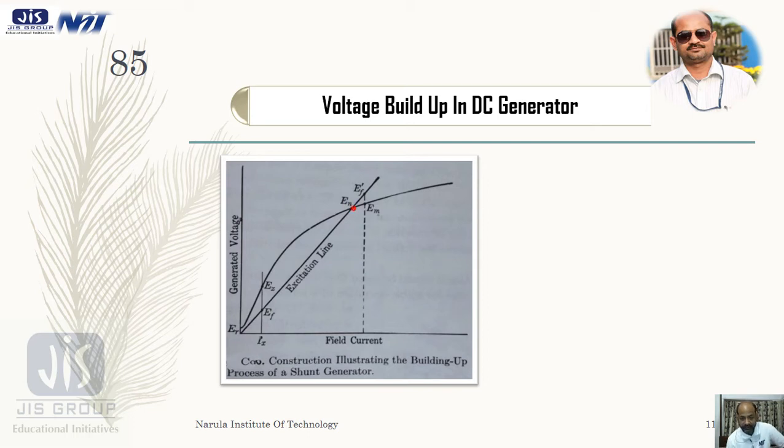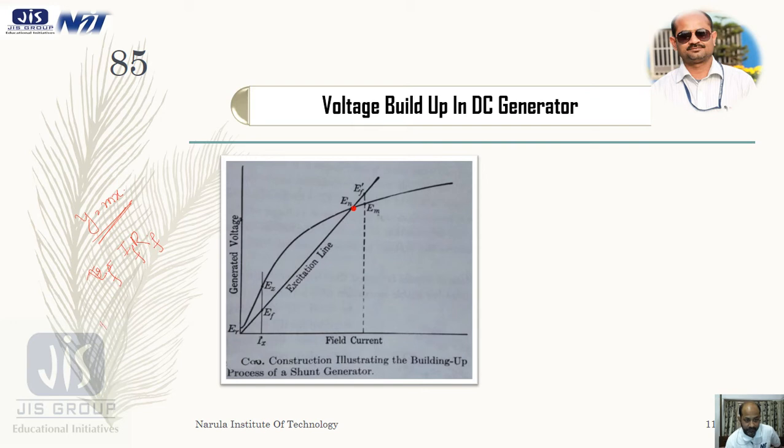Okay, and this is the OCC, open circuit characteristics curve of DC generator, and this is my excitation line. Okay, it is a straight line, following y equals mx equation passing through the origin, because V equals I into R. RF is the resistance of the field circuit, IF is the field current, and suppose EF is the generated voltage.